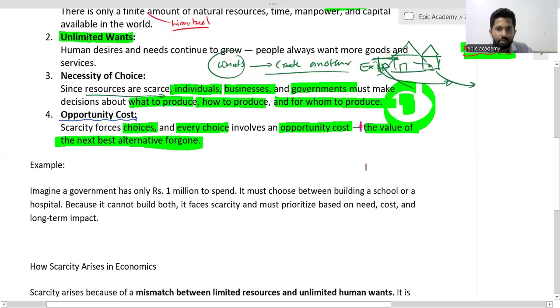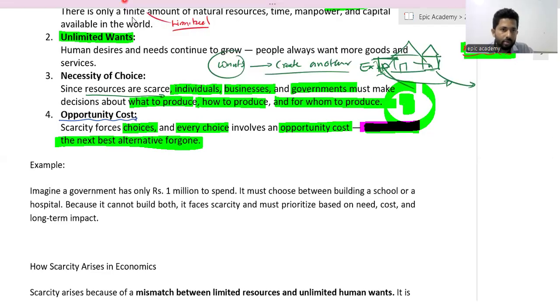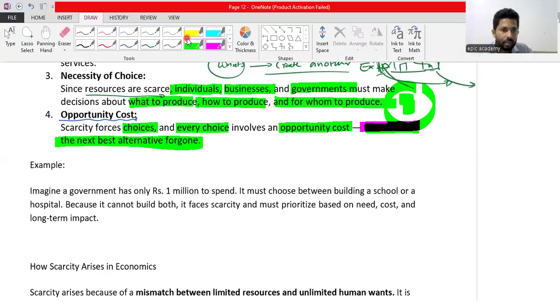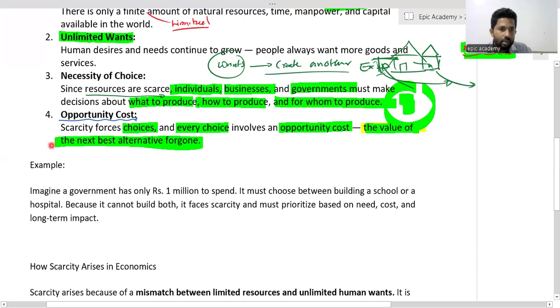The value of the next best foregone alternative.